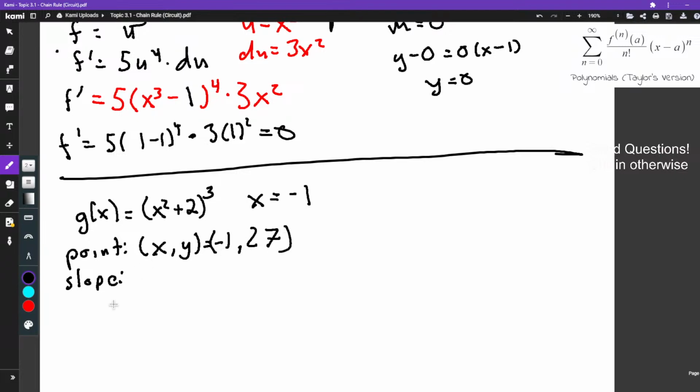So my point. My slope, I need to find g prime of x. So g is equal to x squared plus 2 cubed.